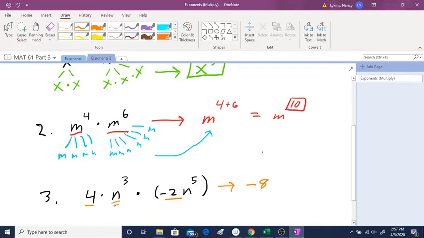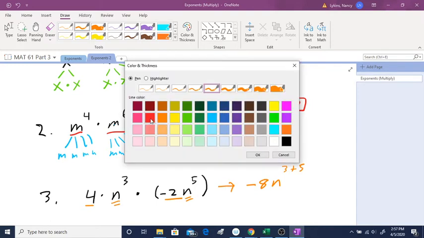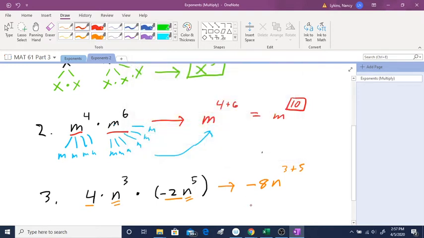My n's are the same. So then all you have to do is say 3 plus 5. And your end result is negative 8n to the 8th power.